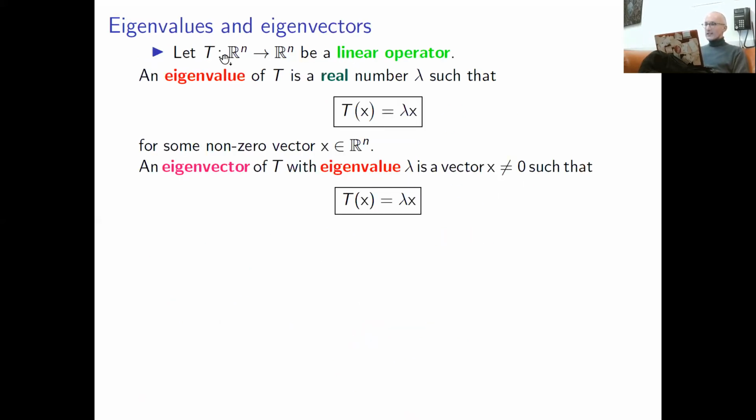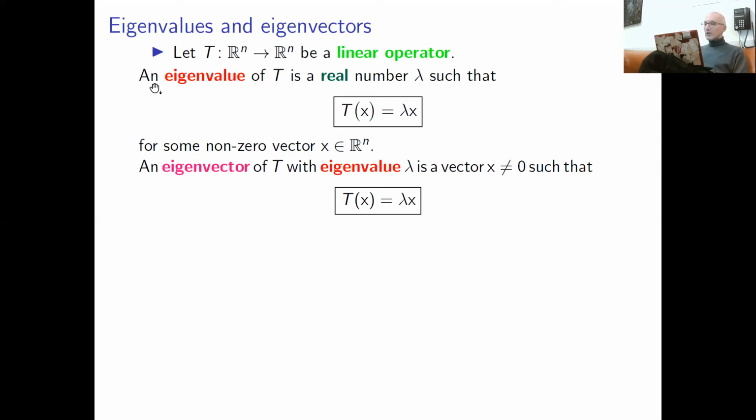We have a linear operator T. We say that a real number lambda is an eigenvalue of this linear operator T if T of x equals lambda x for some non-zero vector x. In the previous slide, these vectors v1, v2, ..., vn were non-zero vectors because they form a basis, they were linearly independent.